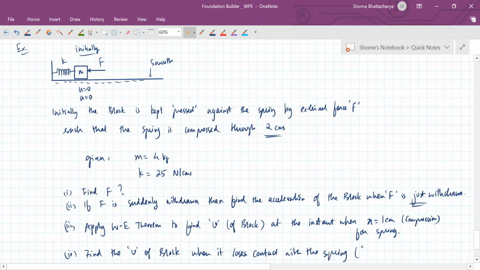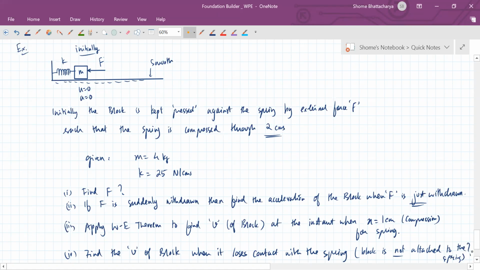The block is not attached to the spring, so it's going to eventually lose contact. That's what we are assuming here. So try this question out.